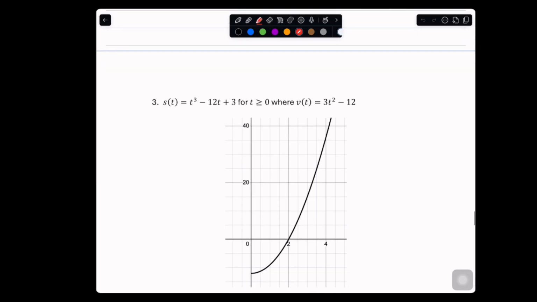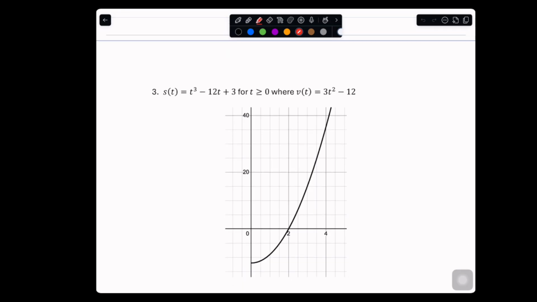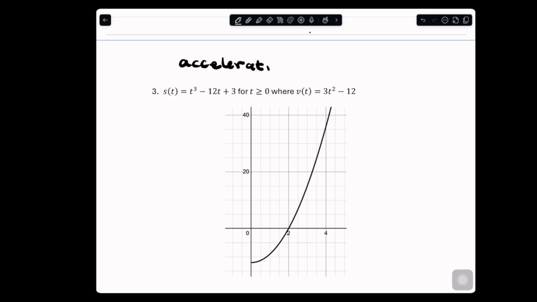But let's continue to see some of these kind of questions that you might see on your test. And here we go. All right. Well, this is still going to be about acceleration. And that's an acceleration of a particle.